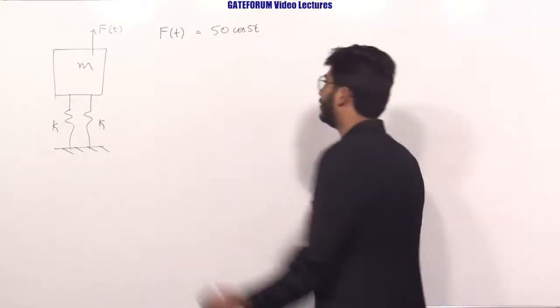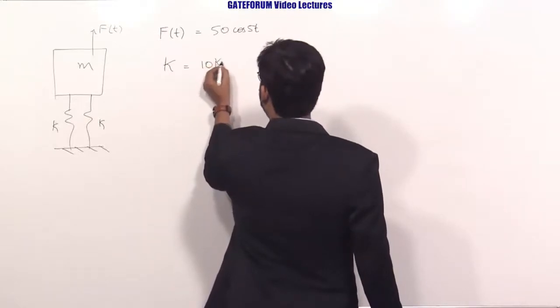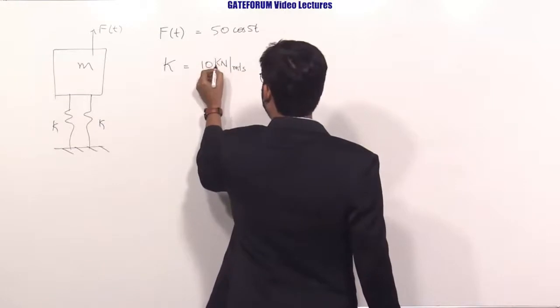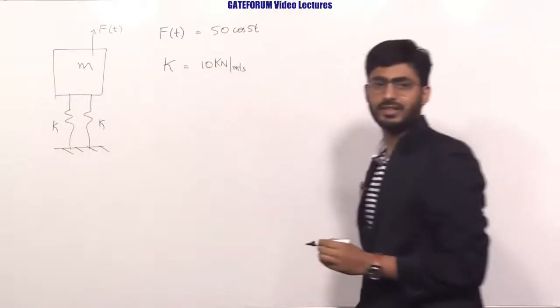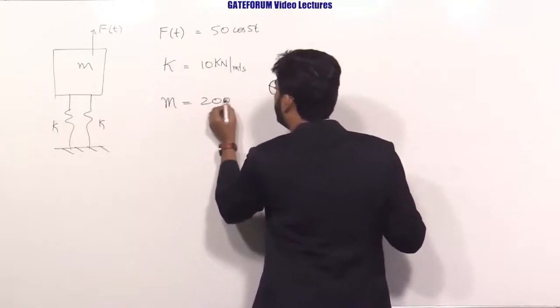Next is the stiffness given to you. Stiffness is 10 kilonewton per meter, and mass is given as 200 kgs.